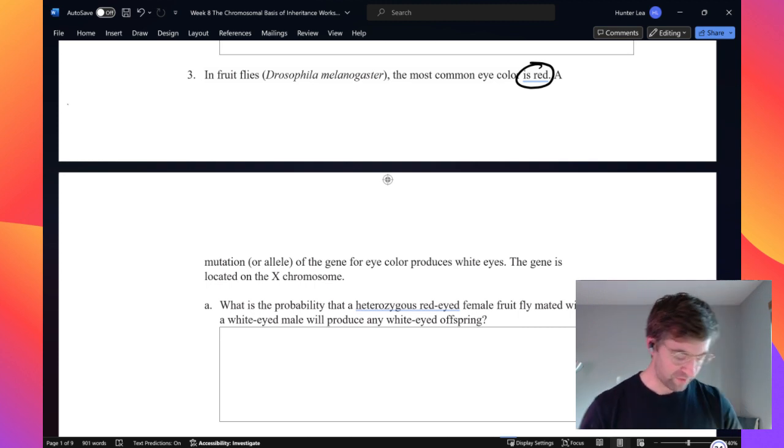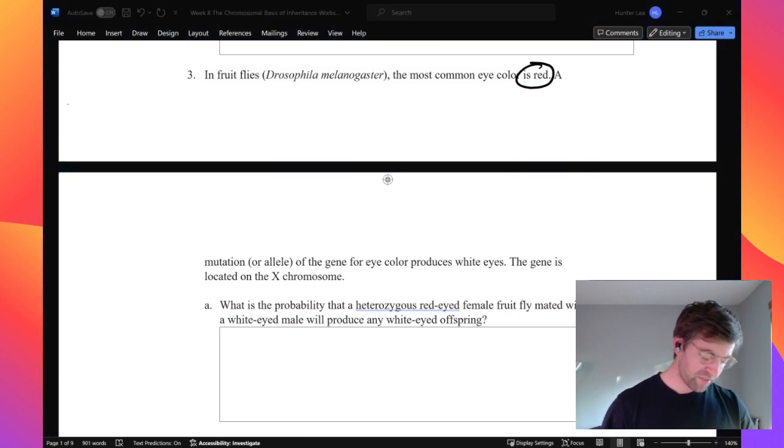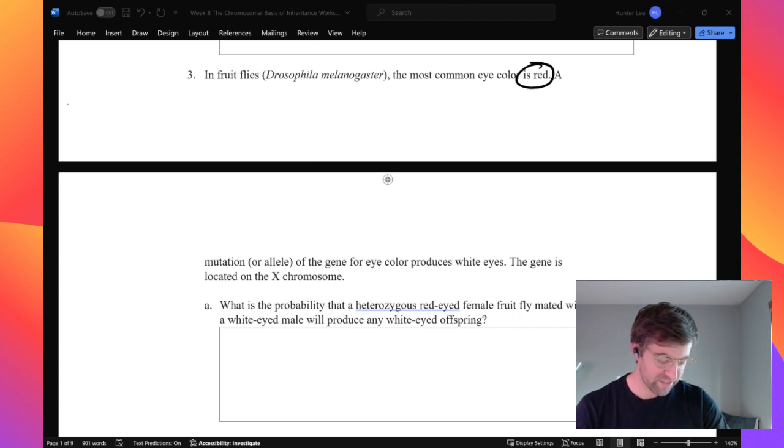A mutation or allele of the gene for eye color produces white eyes. The gene is located on the X chromosome. So what is the probability that a heterozygous red-eyed female fruit fly mated with a white-eyed male will produce any white-eyed offspring?